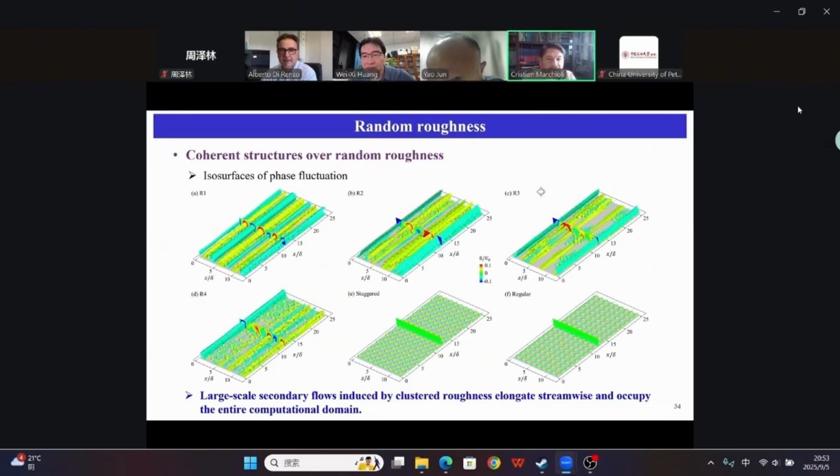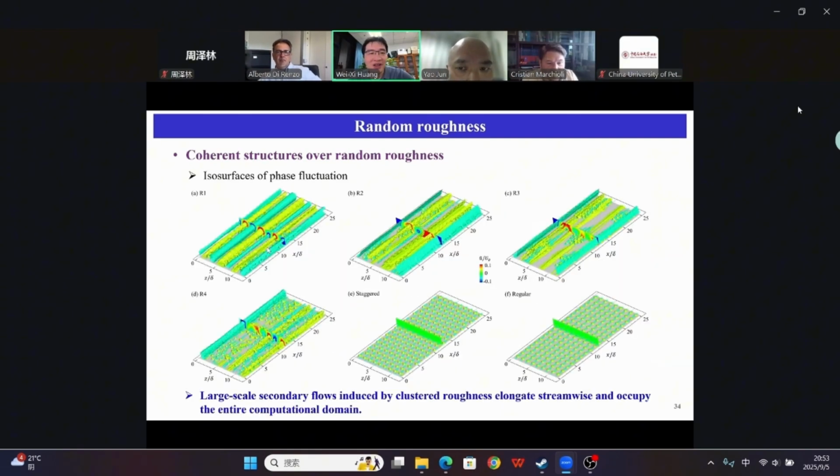I may have a couple, if I may, in person. One is actually a curiosity, since you are here on these slides on roughness. You have also simulated a random roughness. Did you consider only one case of random roughness or more cases?